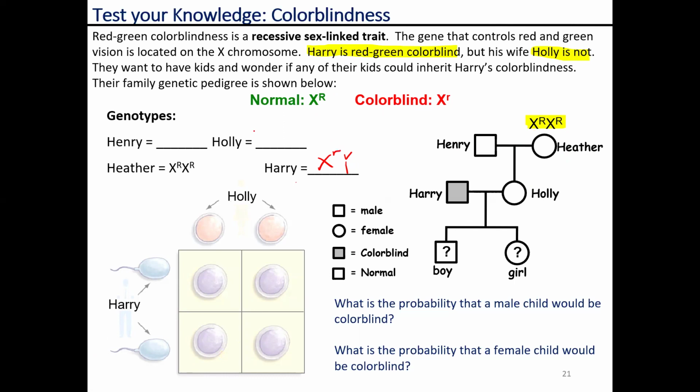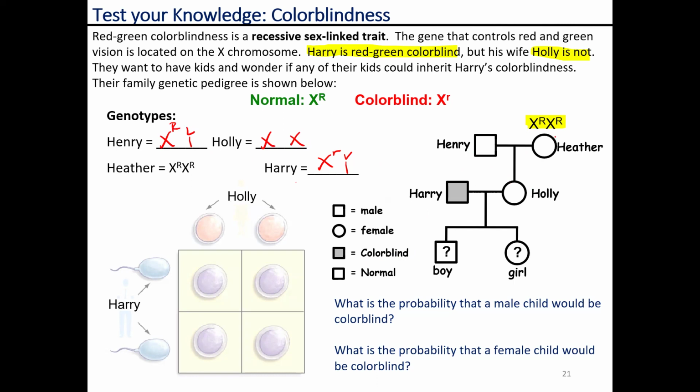In this case, Henry, we need to figure out exactly what he's going to be. We know Henry's a male because Henry and Heather are the ones who have Holly. So we know this is going to be X, Y, and this is going to be X, X. Now we know Henry is not shaded for color blindness here, so this is going to be a big R for normal.